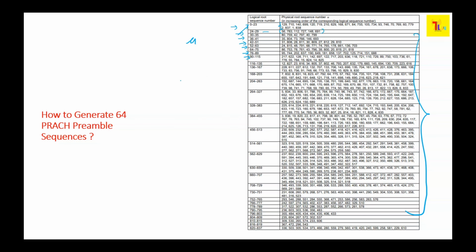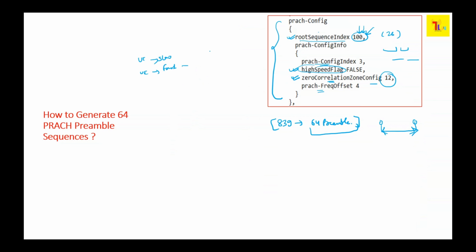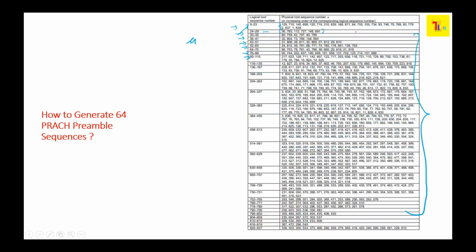So if I take the example from above, what was the root sequence index? That is 100. If the root sequence is 100, what is the value of mu then? You will see the bucket. It is coming under this bucket. You can see 90, 91, 92, 93, 94, 95, 96, 98, 99, 100.